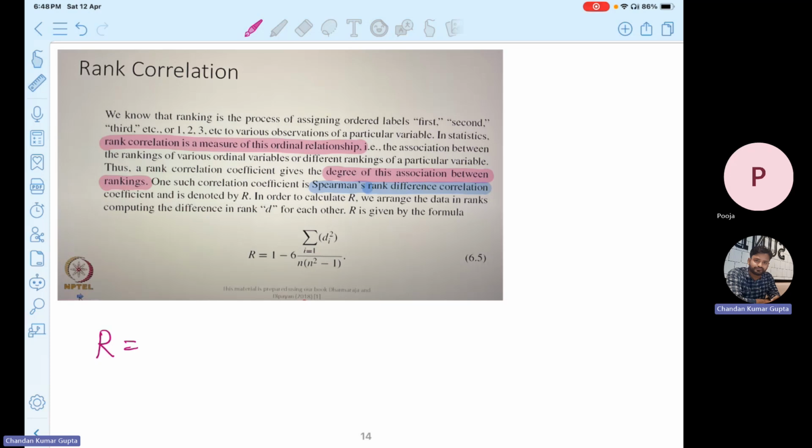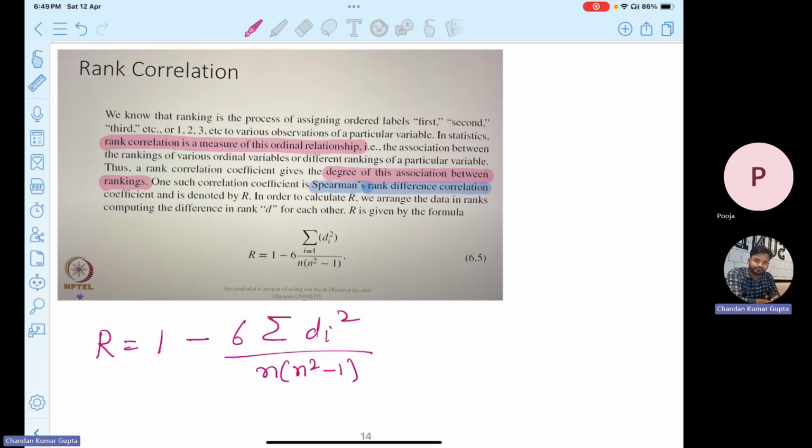There is a ranking difference between the random samples of those random variables, and with the help of those ranking differences, we are able to calculate the rank correlation coefficient. The formula is 1 minus 6 times the summation of di square, divided by n times n square minus 1.